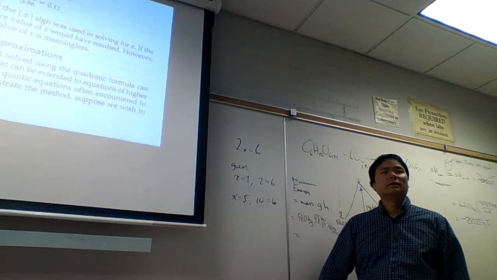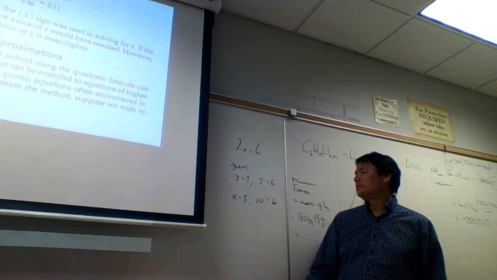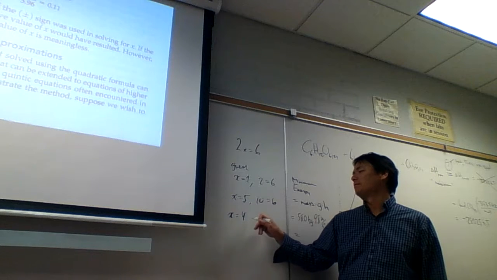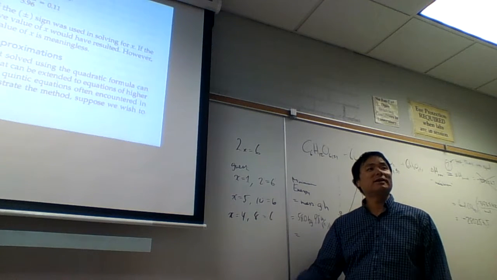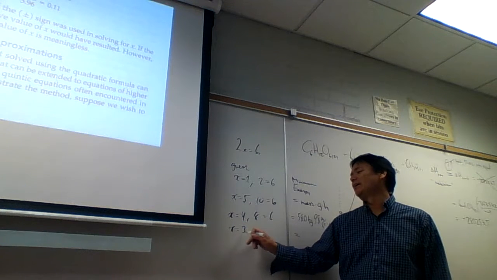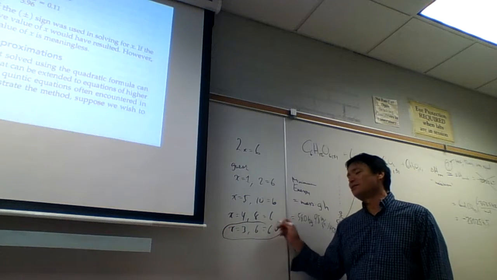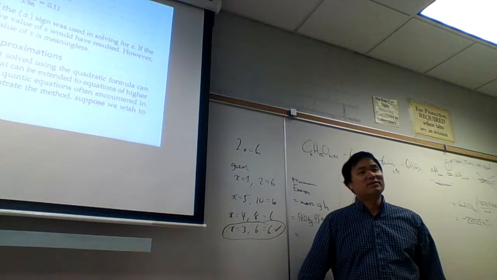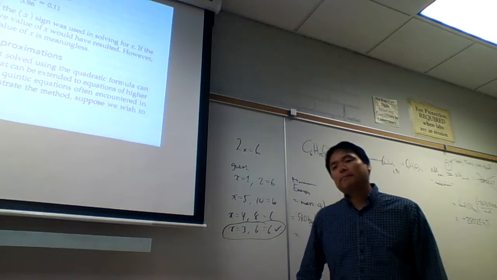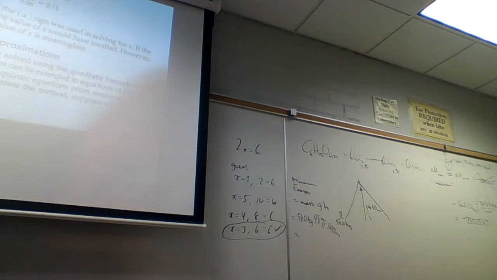Well, I'm getting farther away on the other side. So it's between 1 and 5. So I'll guess x is equal to 4. And then I'll get 8 is equal to 6. So I'm getting closer. And then finally, I'm going to guess x is equal to 3. And I get 6 is equal to 6. I got it. Therefore, x is equal to 3. This is the method of successive approximations. You just keep guessing until we get the correct answer.